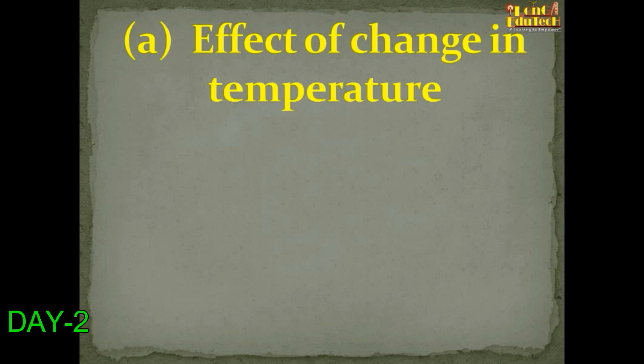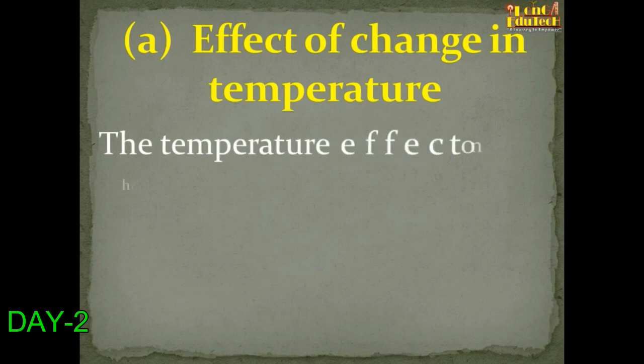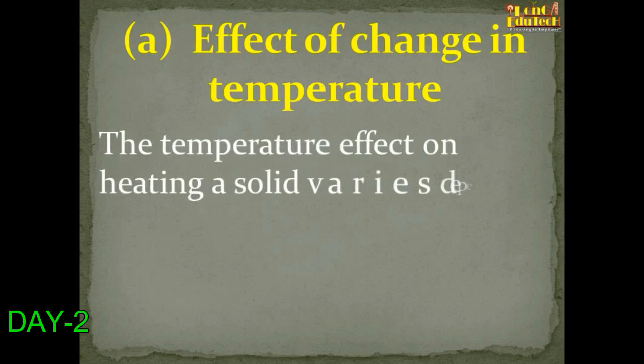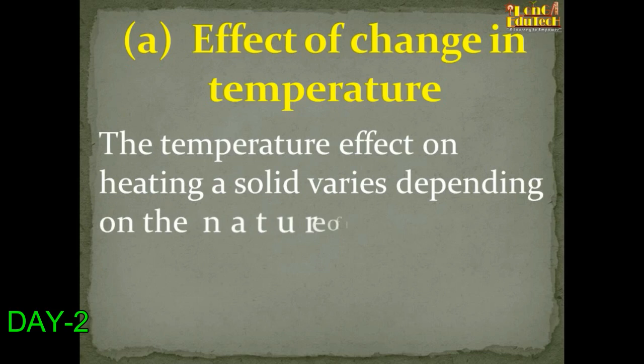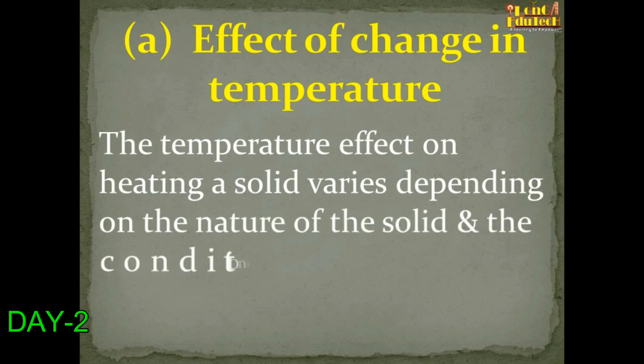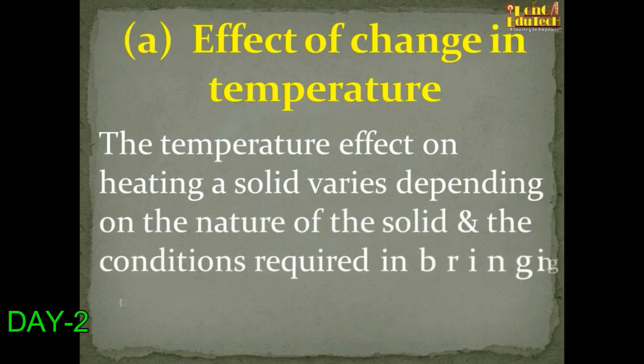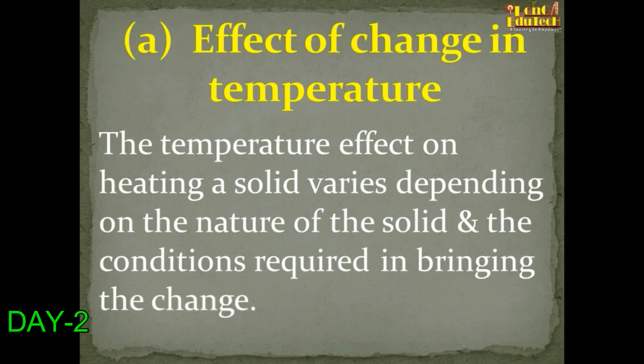Okay, so here, the temperature effect on heating a solid varies depending on the nature of the solid and the conditions required to bring about the change. It depends on what type of solid it is. For example, iron.